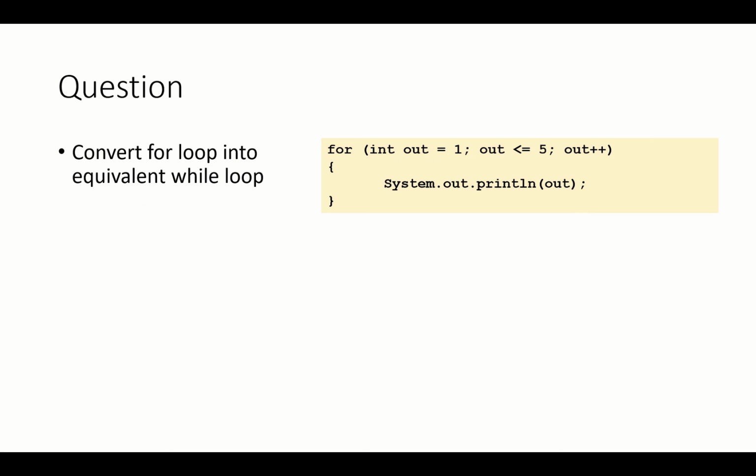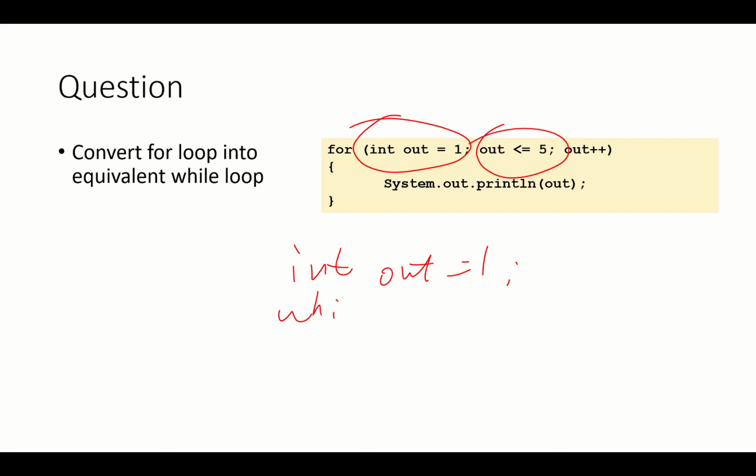Okay, so this one, we will do together. So first you need to know what's the first step, the initialization, right? Initialization is here, right? So you need to do the initialization, out is 1, okay? The condition, the second step, the while loop, you put the condition there, right?